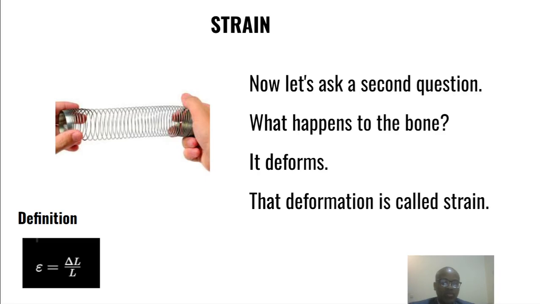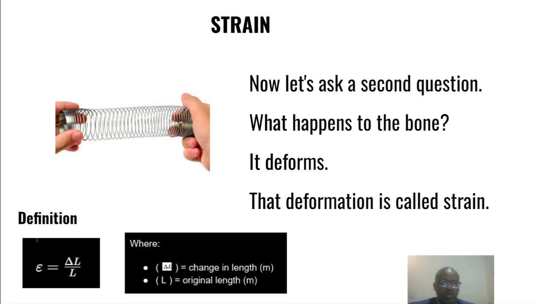You can see from the formula that strain does not have a unit because it is a ratio of the same unit. The change in length is in meters, and the original length is also in meters. So that's why it doesn't have a unit.